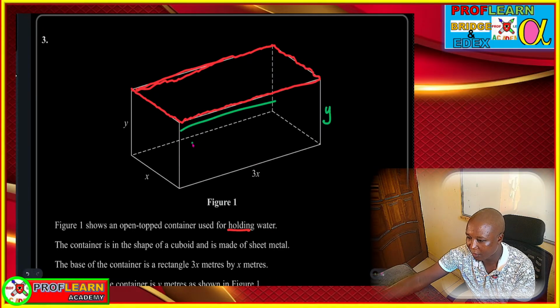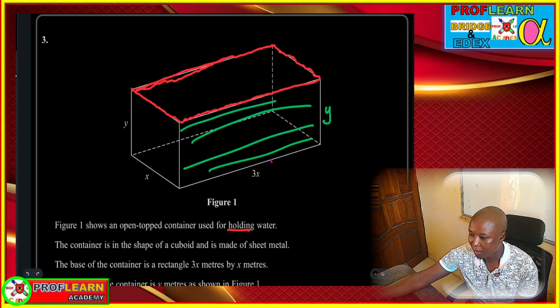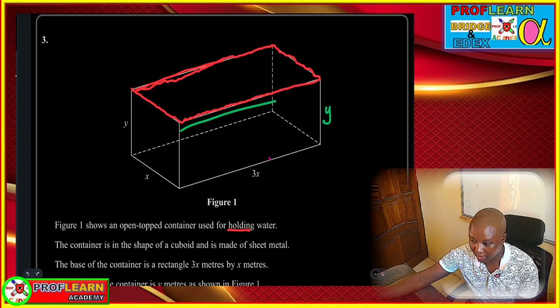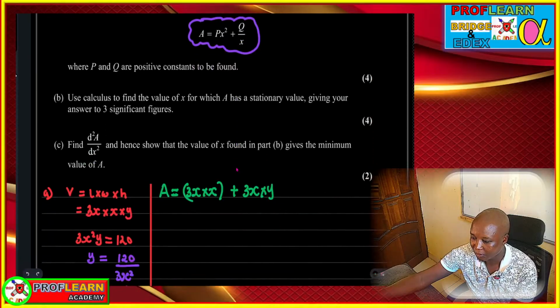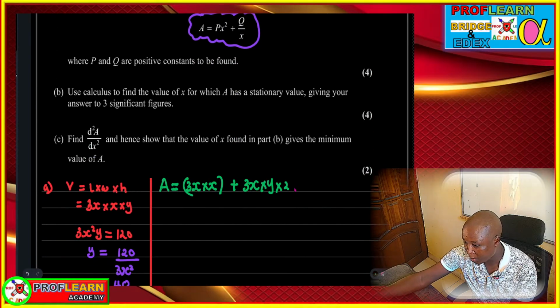We multiply by 2 because there is the area on the other side, plus x times y times 2 because there are two sides.